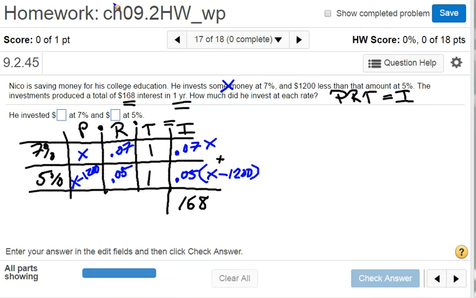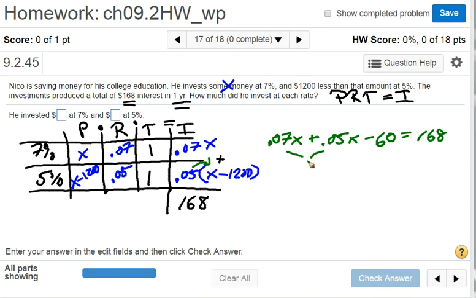So my equation becomes 0.07x plus, and I'm going to go ahead and distribute that out, 0.05x minus 0.05 times 1,200, which is 60, has to equal 168.